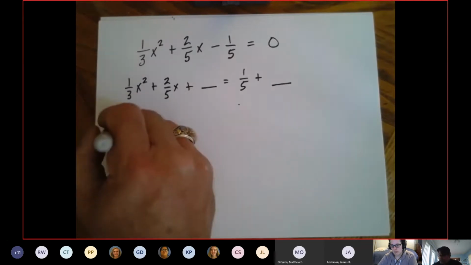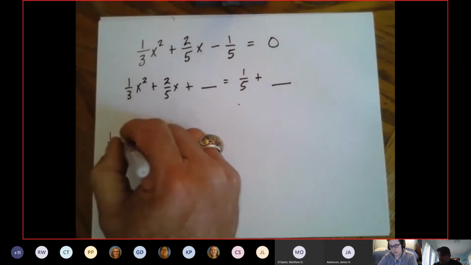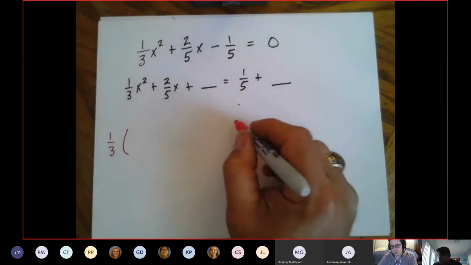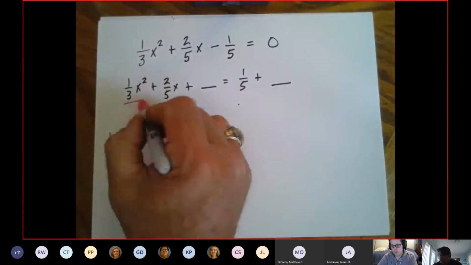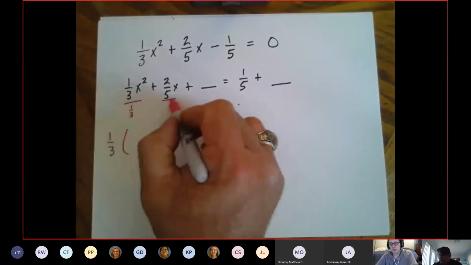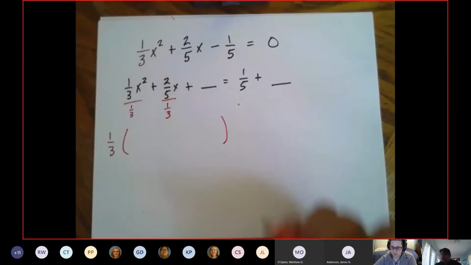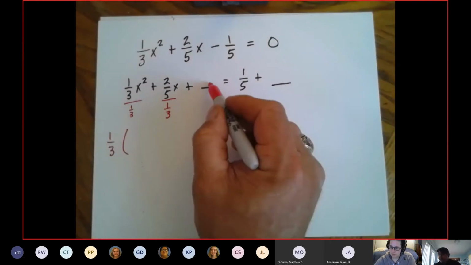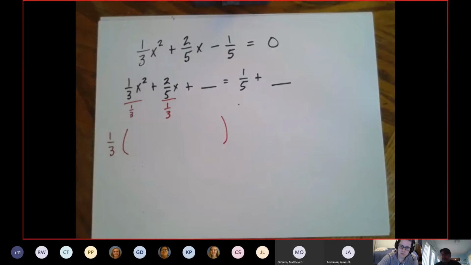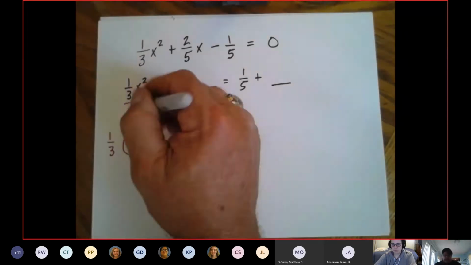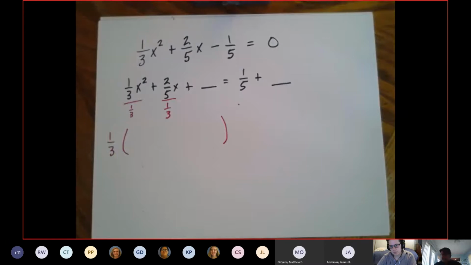So I'm going to put a 1/3 right here outside the parentheses. But right here, I'm going to divide by 1/3, and I'm going to divide by 1/3. And of course, 0 divided by 1/3 is 0, so I'm really not worried about that. But what that does is that gives me x squared, because that cancels.